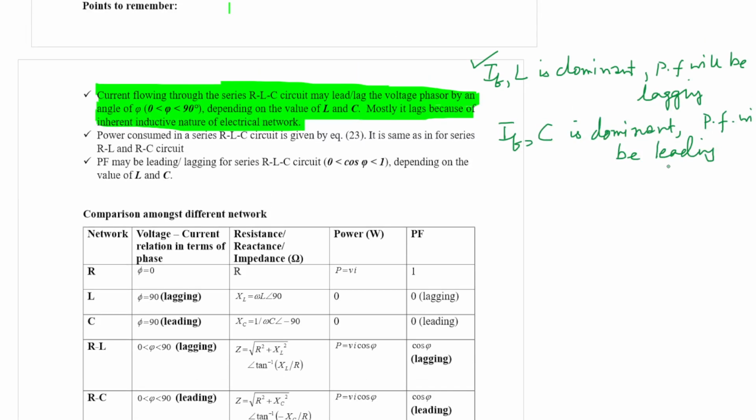Now the power consumed in an RLC circuit is the same as what we have found in the RL and RC cases. Since the current flowing may lead or lag, the power factor may also lead or lag.